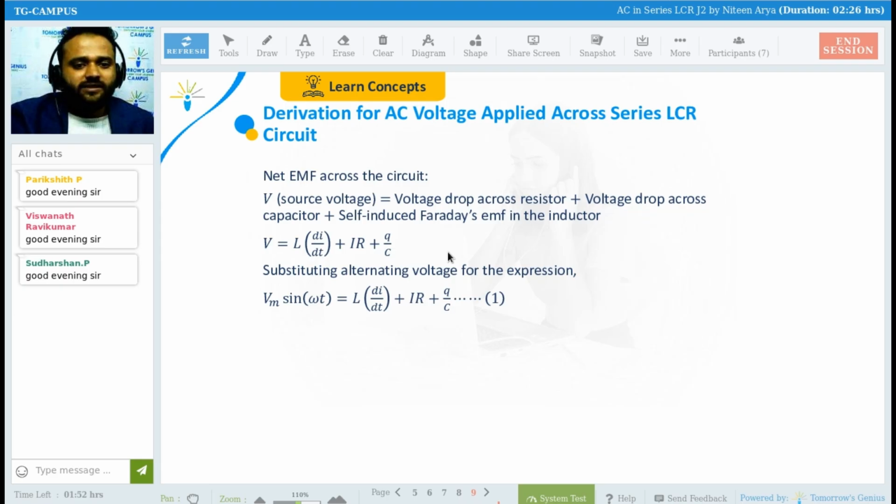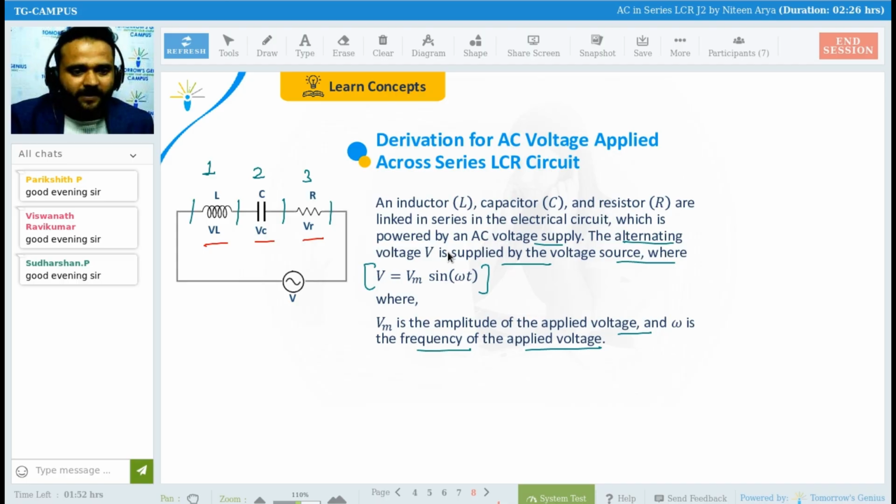So the net EMF across the circuit, the source voltage V, equals the voltage drop across the resistor, the voltage drop across the capacitor, and the self-induced EMF in the inductor, Faraday's EMF. Is this clear till now? What is happening here? This voltage is going to be divided, obviously, because the circuit is a series circuit.